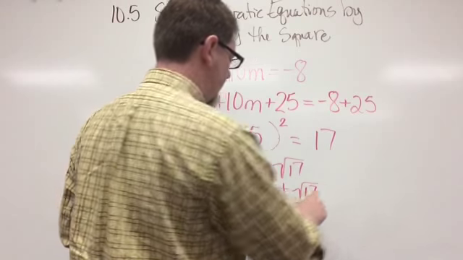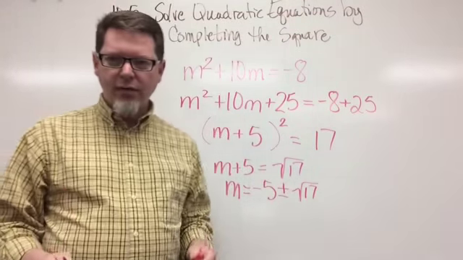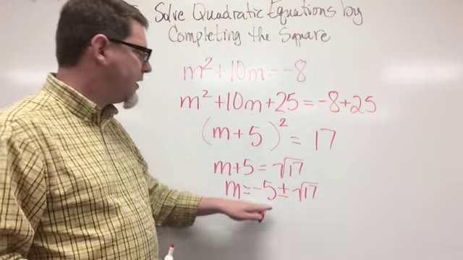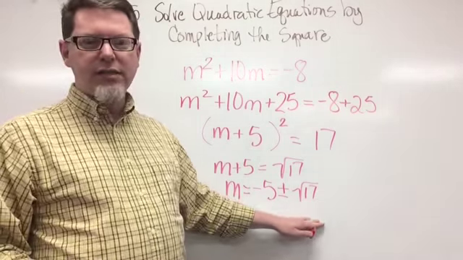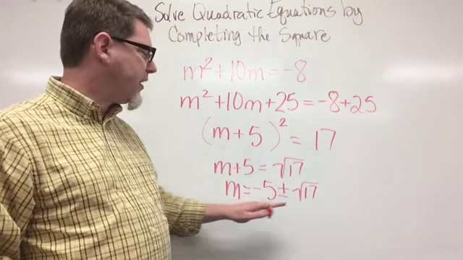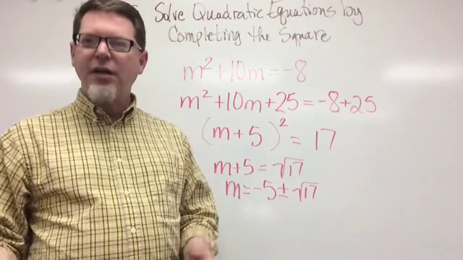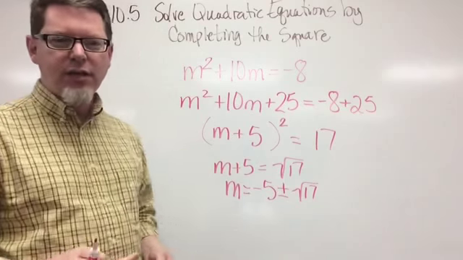root of 17. So now I'm going to use my calculator on this one, and I'm going to calculate what is -5 plus the square root of 17, and then what is -5 minus the square root of 17. And because of the magic of the camera, I've already done that, so I'm just going to give you the answers.